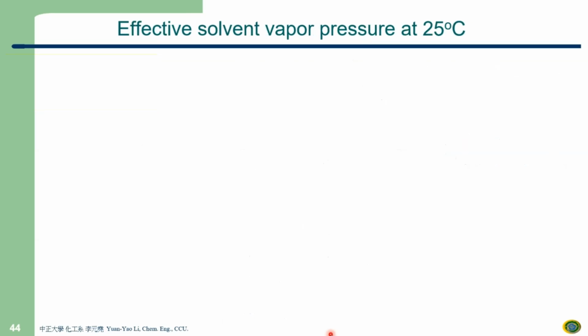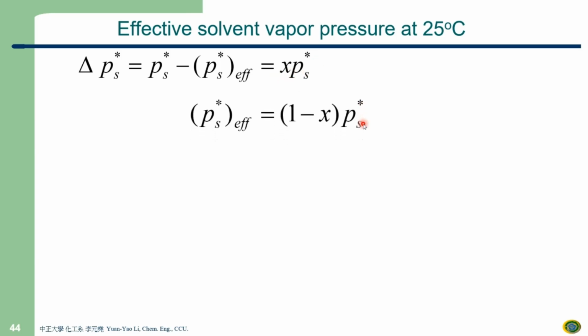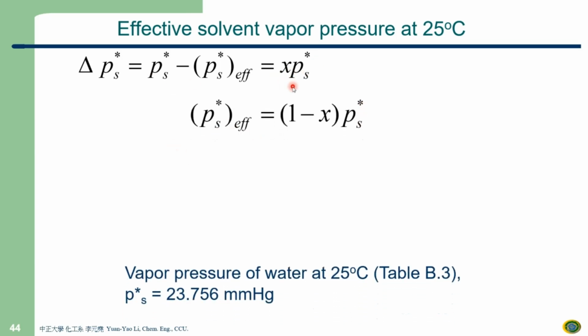Answer, okay? And then the next question is the effective solvent vapor pressure at 25 Celsius. We already know X, right? And then what we need to know is the effective vapor pressure, and the effective is 1 minus X times PS. So we know the X, we know the water vapor pressure. So of course we know the effective at 25 Celsius. The key is to find out PS at 25.